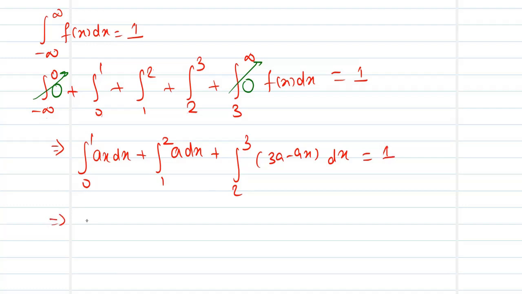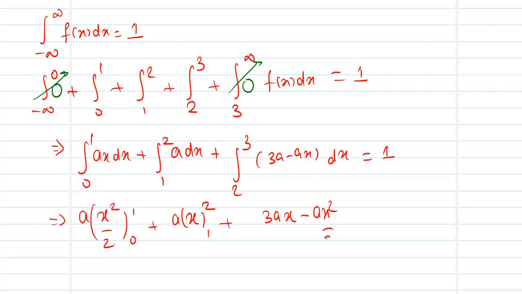Let us start integrating. a is a constant, and x on integration is x square divided by 2 between the limits 0 to 1. a is a constant, dx on integration is x between the limits 1 to 2. 3a is a constant, dx on integration is x. a is a constant, x on integration is x square divided by 2 between the limits 2 to 3. The total sum is equal to 1.